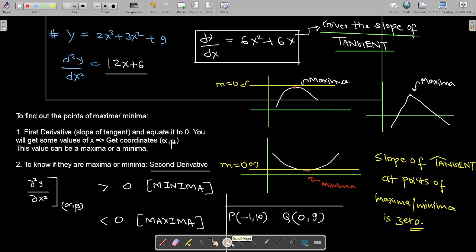If we put the two points on the graph, one coordinate is minus 1 and 10. Where are you putting the coordinates in?